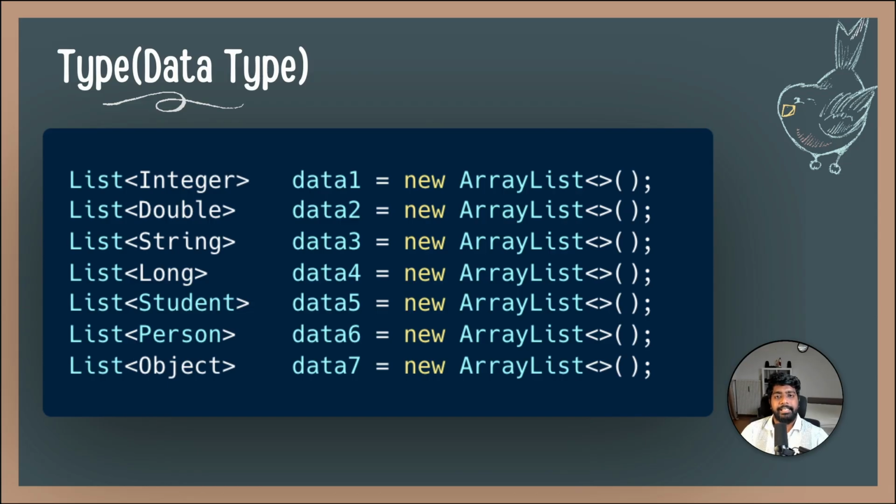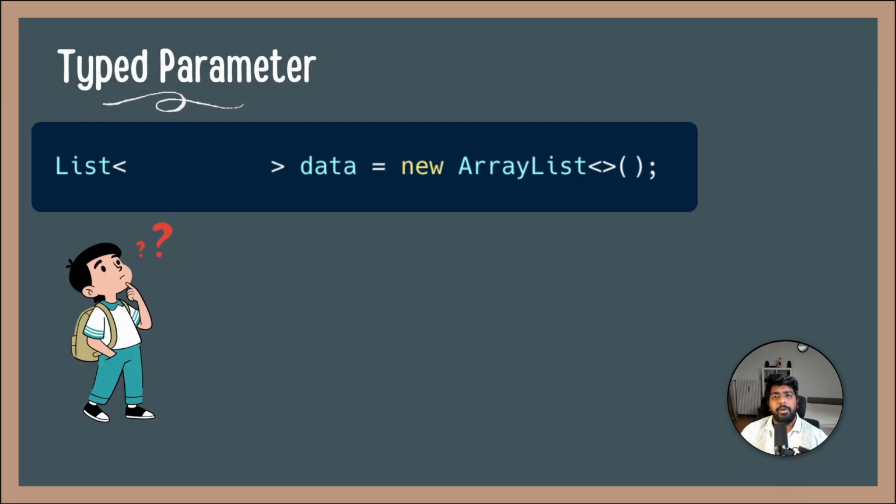As you can see here, you can actually mention any object type under the restrictive data type. But have you wondered how Java really knows that whatever type you mention as the restrictive data type will be the type of all the objects that are going to be stored in that object? For example, let's imagine that we are going to create a list that is going to contain only apples.